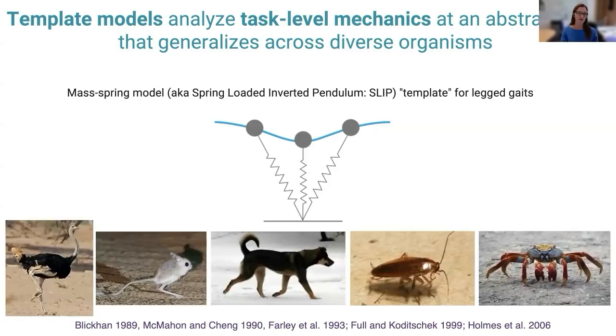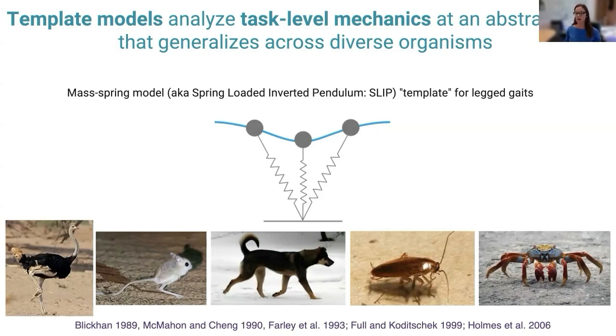And despite the diversity of morphology, number of legs, and locomotor styles you see among animals, this model can accurately represent the body motion and the ground reaction force patterns observed in fast gaits across diverse animals.